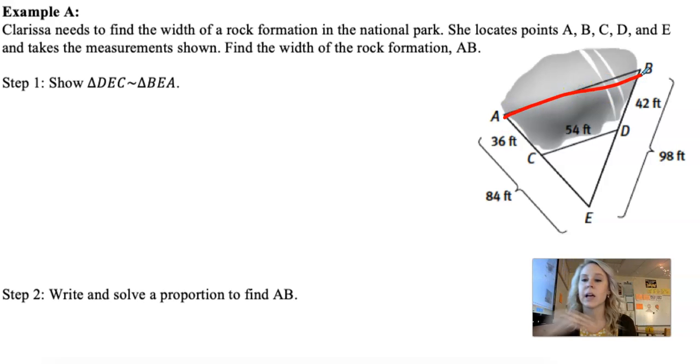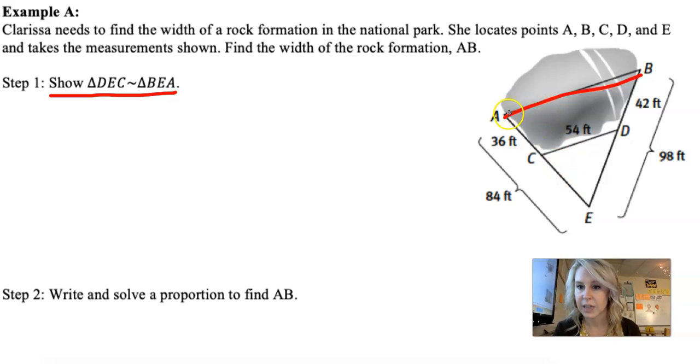But before I'm allowed to set up a proportion or solve, I first have to see if the two triangles are similar. So I don't really know many angles, but I do know some sides. So maybe I'm proving side, side, side. However, I don't know this third side, so I'm not proving side, side, side. So maybe side, angle, side will come into play.